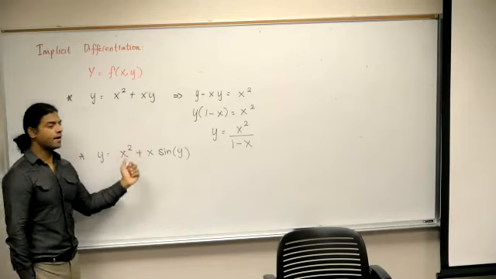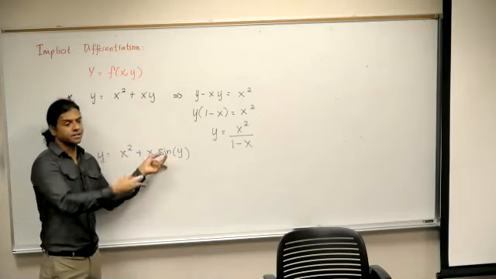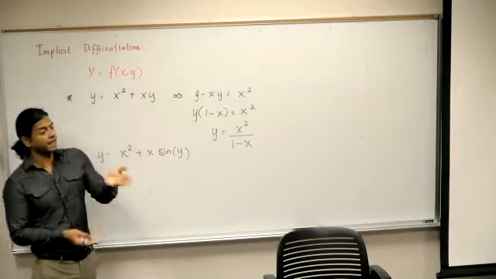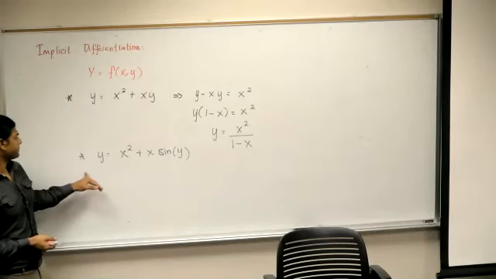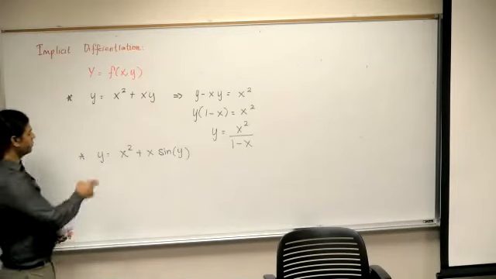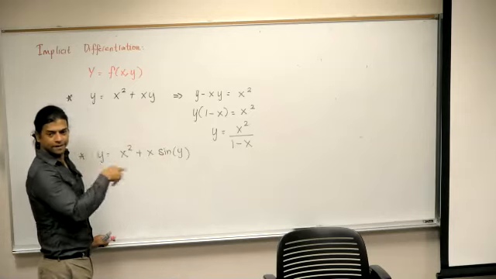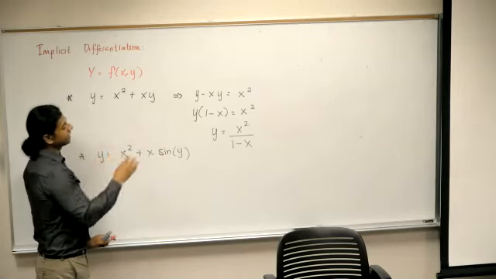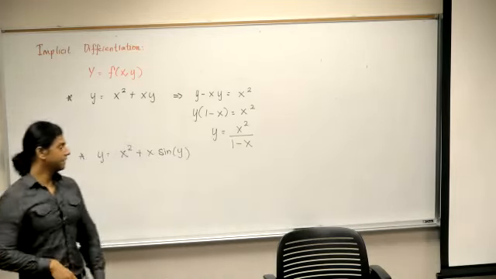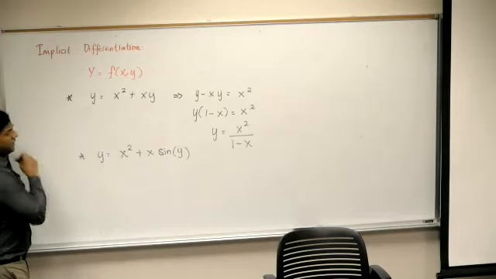Because no matter how hard you try, y is going to depend on a function of y. And at the same time, y is a function of x also. So this is what we call an implicit function, because y depends on itself. Does that make sense? In some cases, you can rearrange, end up getting y as a function of x. In other cases, you simply cannot. You just let it be.